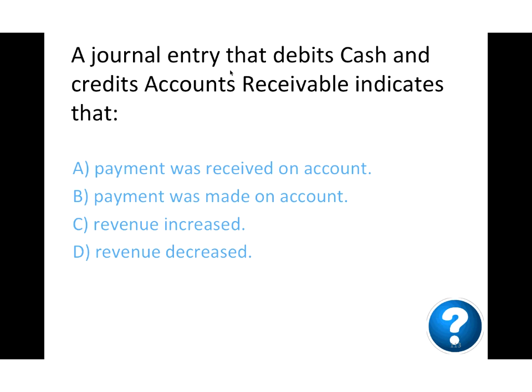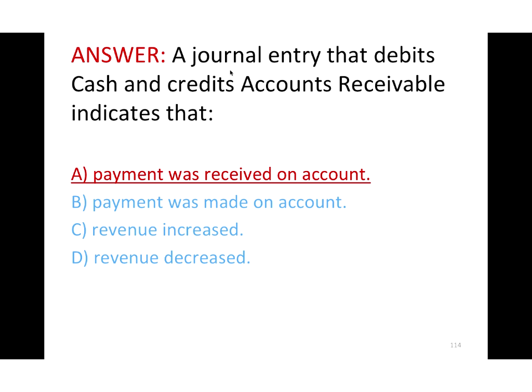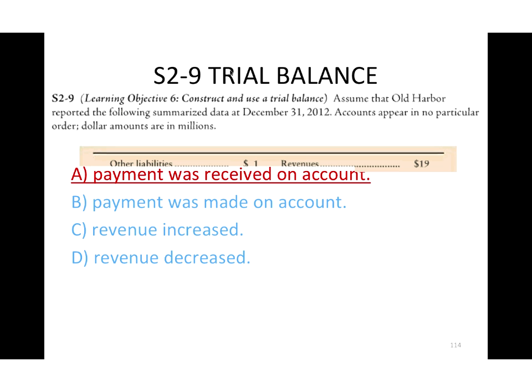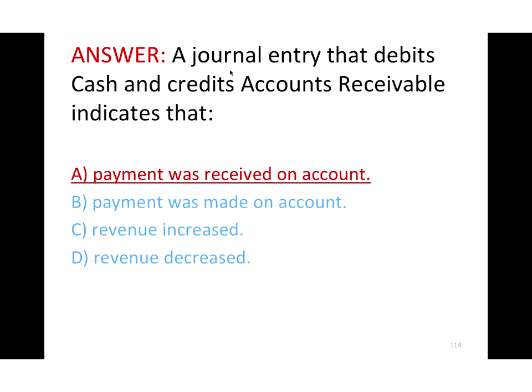We're crediting accounts receivable, being paid down. A customer is making a payment, so we're getting money on account. So that answer is going to be, okay, payment was received on account.